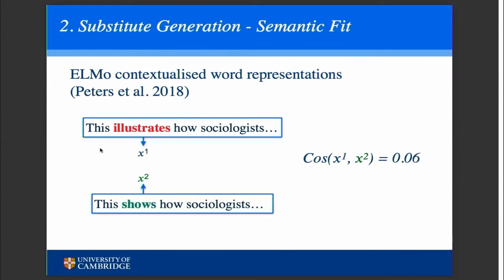Whereas if we compare the distance between the vector for shows within the context of the sentence, with illustrates, we see that actually the distance is a lot closer, so now it's 0.06. So this is a really good way of being able to filter down whether these words actually mean the same within the context of our sentence.